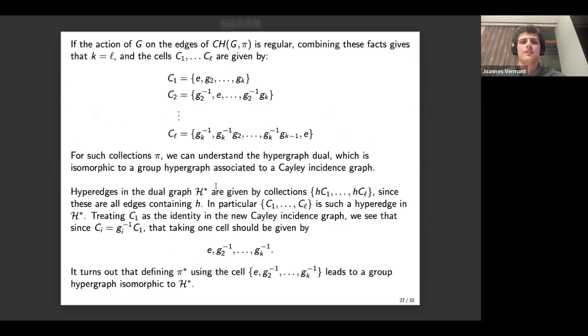If the action of G on these cells is regular, it actually turns out that the hypergraph dual will also be a group hypergraph associated to a Cayley incidence graph.